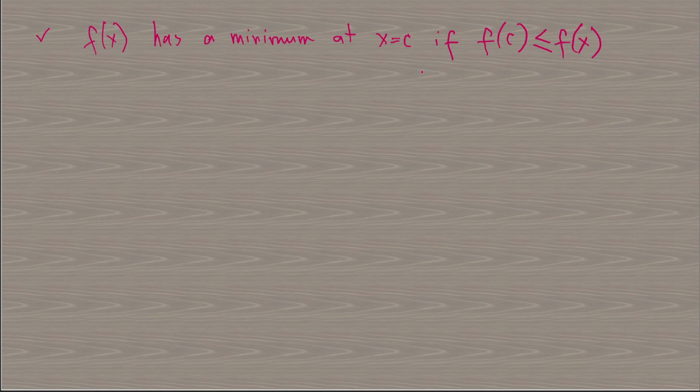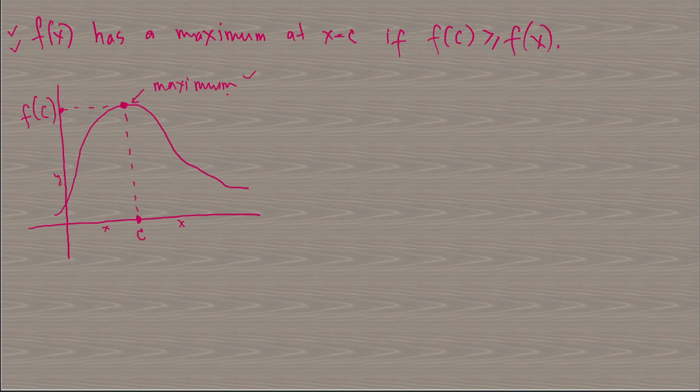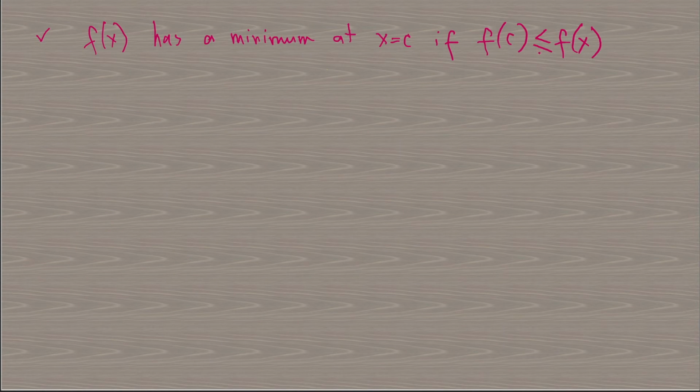A while ago, we illustrated a maximum by having the inequality greater than or equal to. But when we are talking of a minimum, we will have the inequality lesser than or equal to.